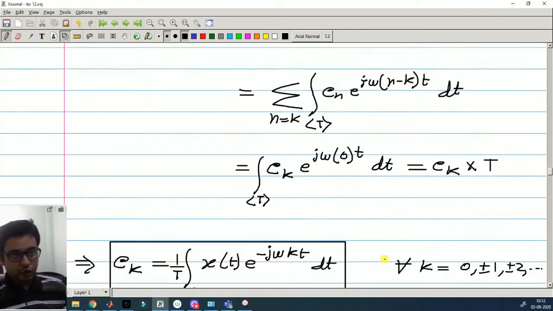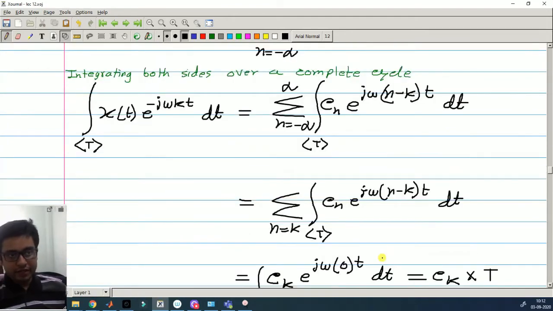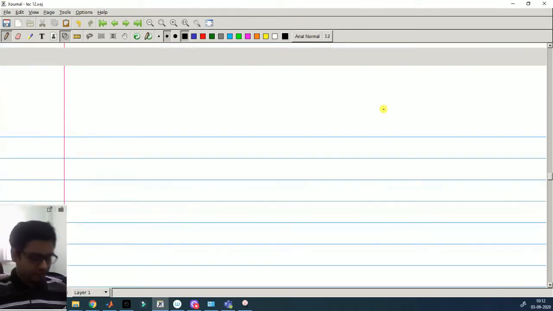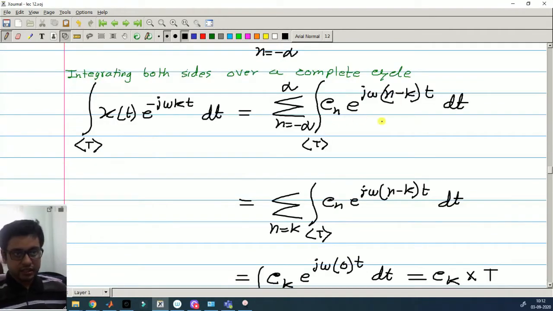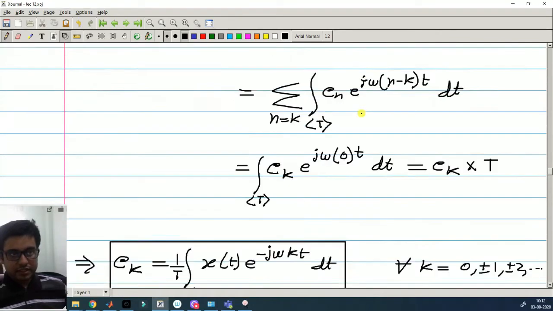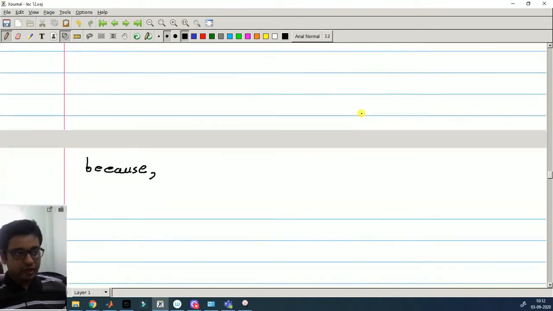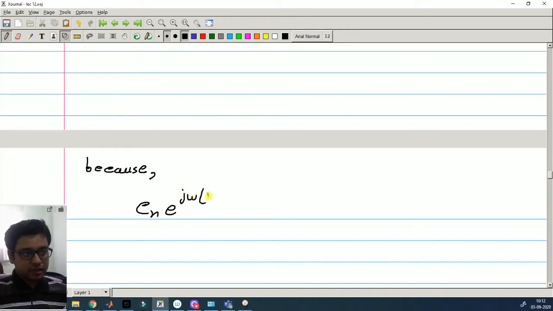Now let me also tell you why most of the terms in the summation are 0. For that, consider this integration of Cn e to the power j omega (n minus k) t dt integrated over a complete cycle.